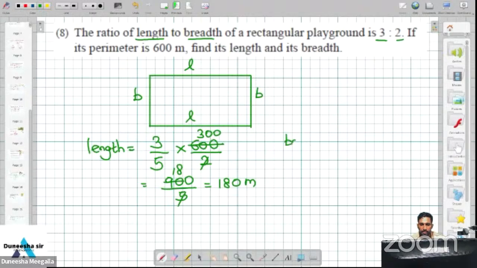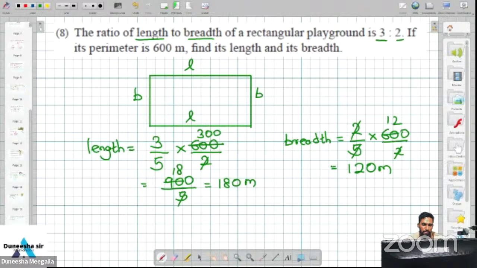Breadth equal to 2/5 multiplied by 600 divided by 2. What is the answer? 120 meters. Is it? Yes, sir. Okay.